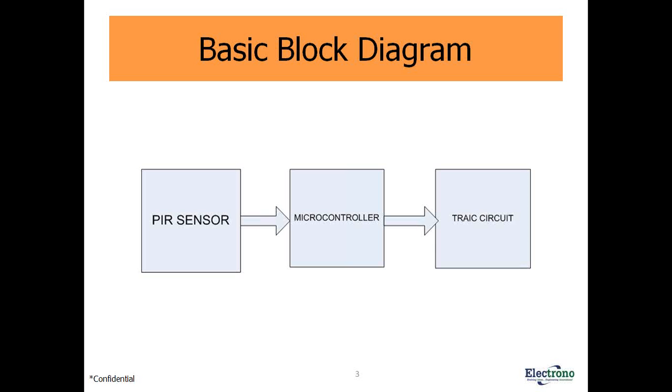Even ARMs can go down to nanoamps or microamps. If you consider the 8051 architecture, the current consumption is in milliamps. So based on what power consumption we want for our application, we can choose the microcontroller. The next factor is cost.